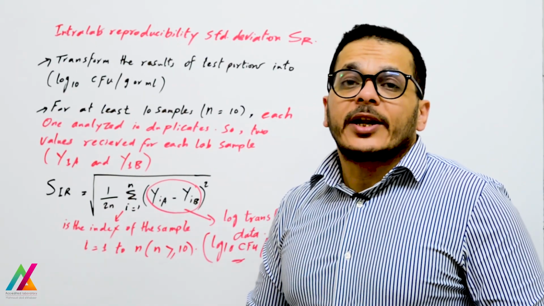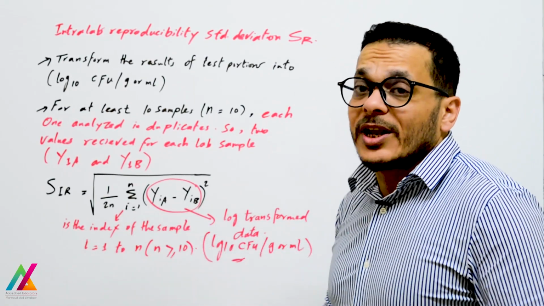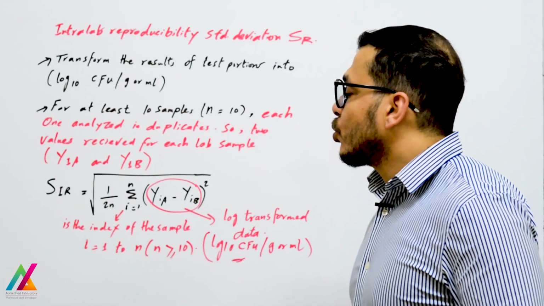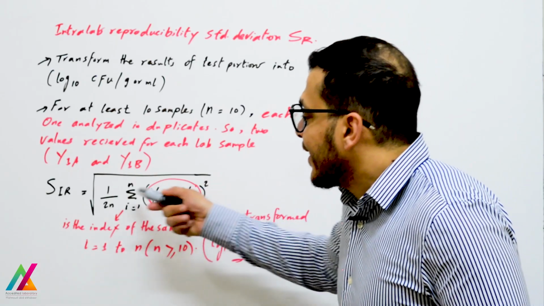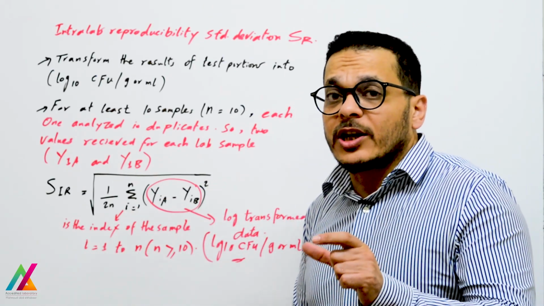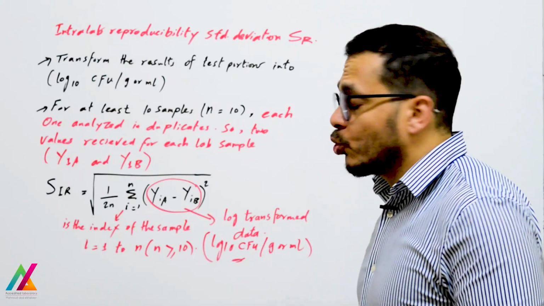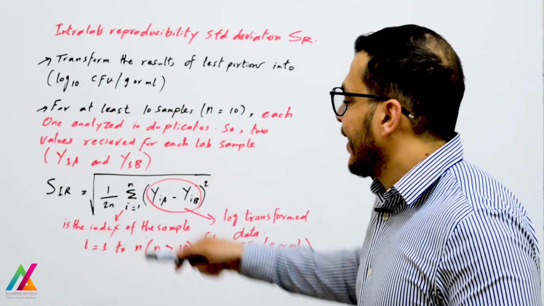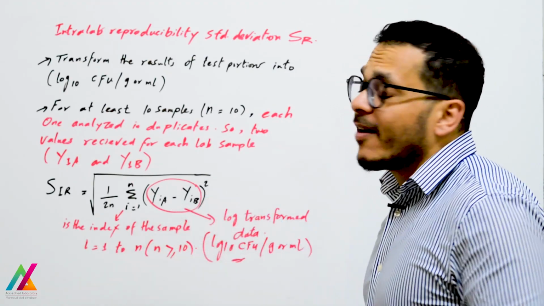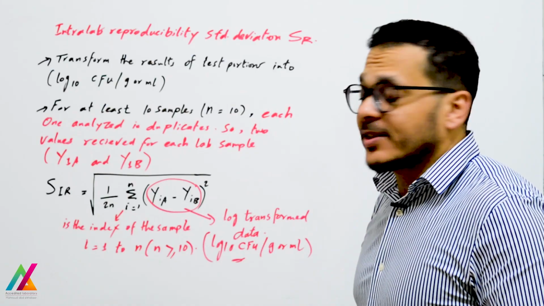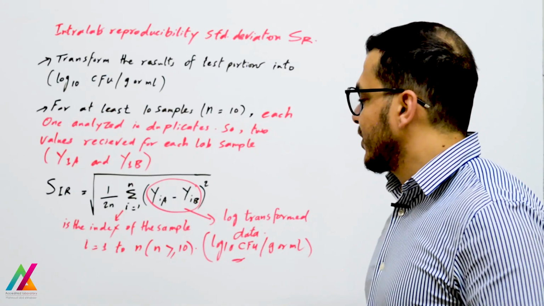And the equation for intra-lab reproducibility standard deviation, SIR, is equal to the square root of 1 divided by 2n, n being the number of samples, times the summation, with the index of sample I from 1 up to n, which is higher than or equal to 10 samples, of 1IA, the result for the first test portion, minus 1IB, squared.